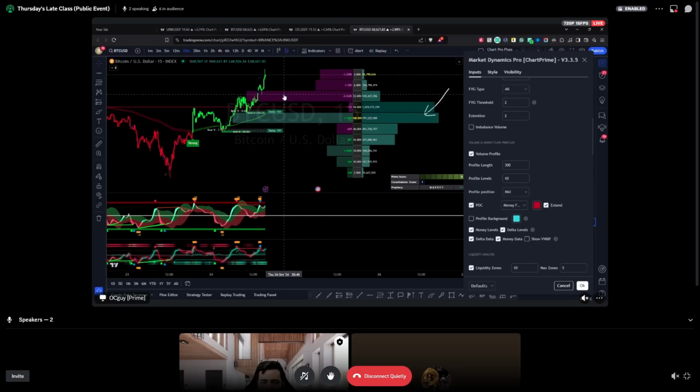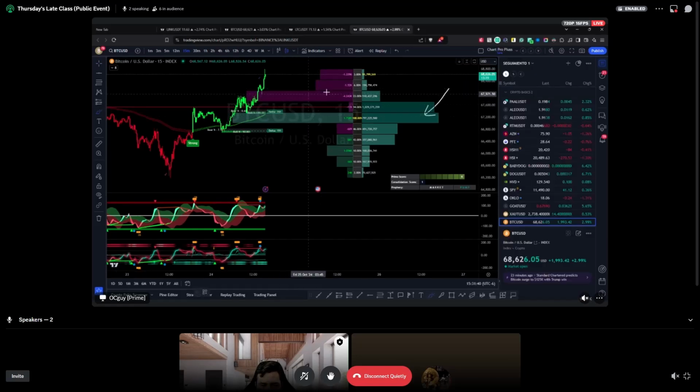All right, this for me is in the past. This has gone, but this is where people bought or sold a lot based on the actual volume. So you don't need to actually have a ton of volume to have a big battle. That's why you look at the deficit.